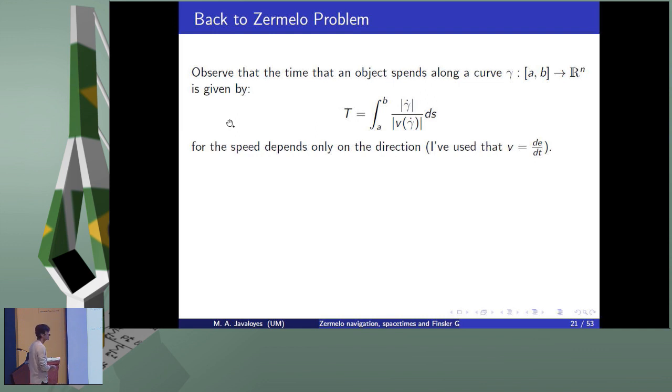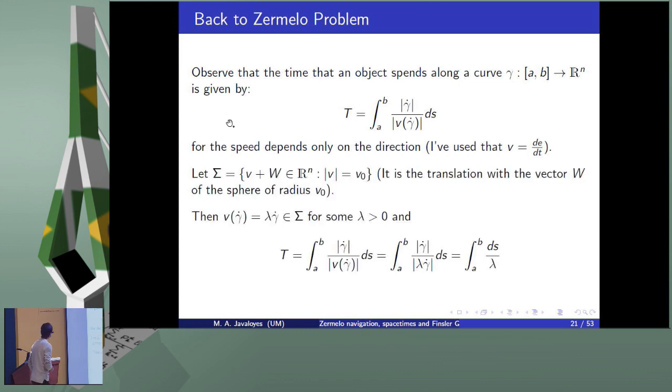So how can you compute the time? Well, you know the velocity. The velocity is fixed, and the velocity is space over time. So time is space over velocity, which is this formula. So you have to integrate dt, which is basically this.